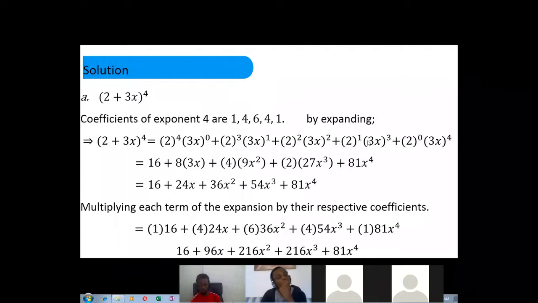Plus 2 exponent 1 is 2 times 3x all cubed, and 3x all cubed is 27x cubed. Plus 2 exponent 0, that is 1, times 3x exponent 4. 3x all exponent 4 will give us 81x exponent 4.